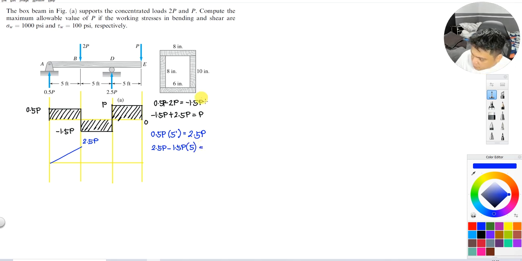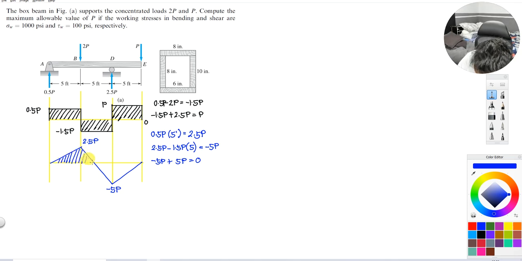So, you will result to negative 5P. And then, from negative 5P, i-add natin yung 5 times P. So, you will be having here 0. Okay? So, nag-close naman yung ating shear and then the moment diagram. So, this is now our moment diagram.